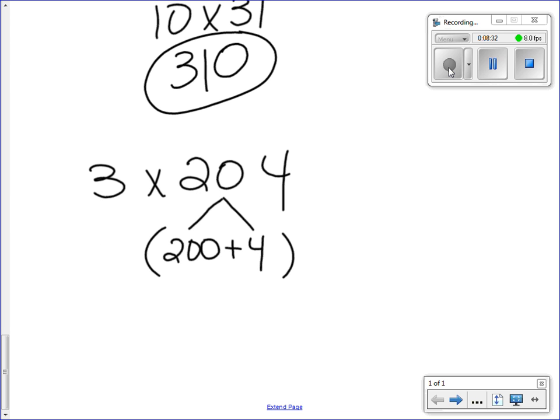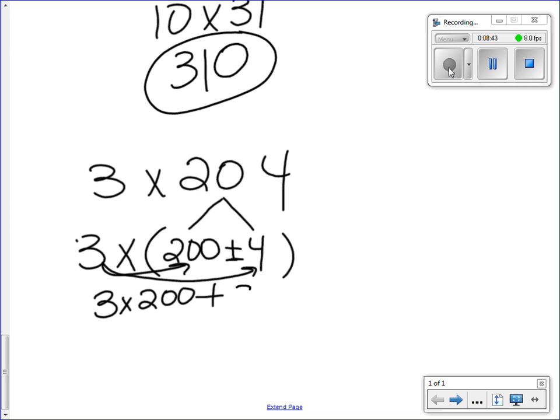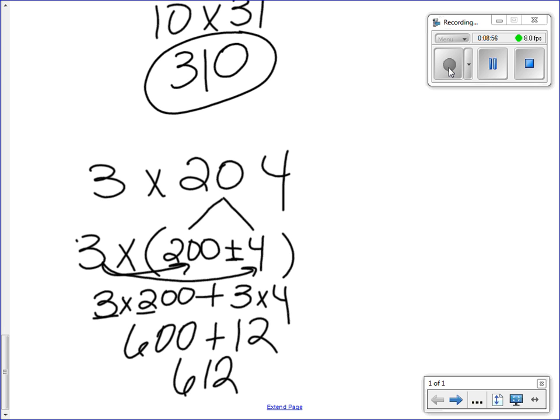Then I would multiply that times 3. 3 times 200 plus 3 times 4. 3 times 2 is 6. Bring down your 2 zeros. That gets you 600. And then 3 times 4 is 12. And then I can just add 600 plus 12 to be 612. That makes it much simpler than trying to do 3 times 204, working it all out.